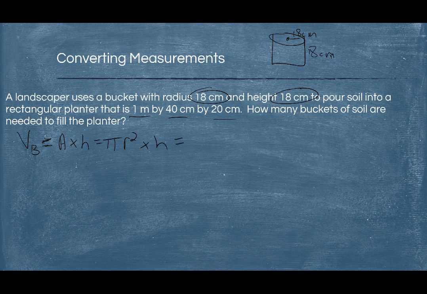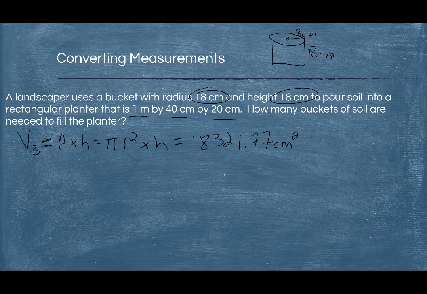And in this case, they're all 18, so I'm going to go pi. I'm using my pi button on my calculator rather than 3.14, but it doesn't really matter. Times 18 squared times 18. And it gives me this nice big number here, 18,321.77 cubic centimeters.